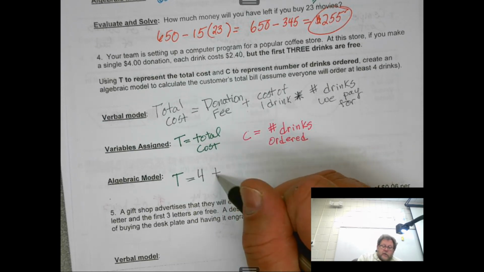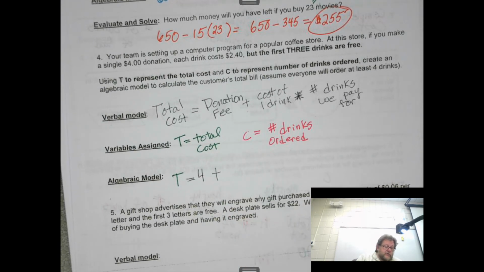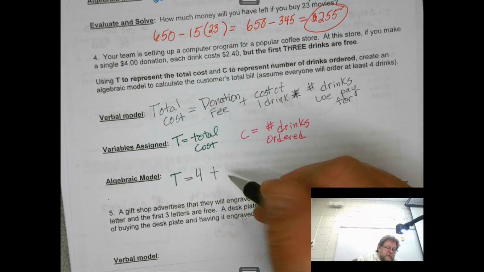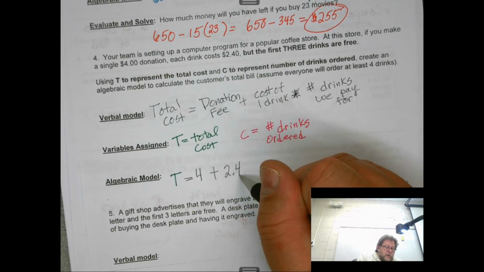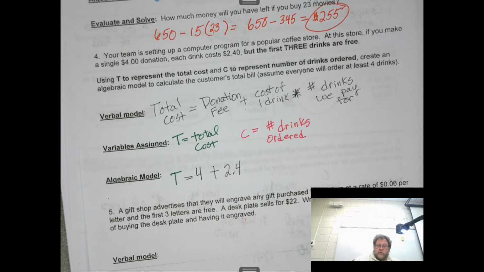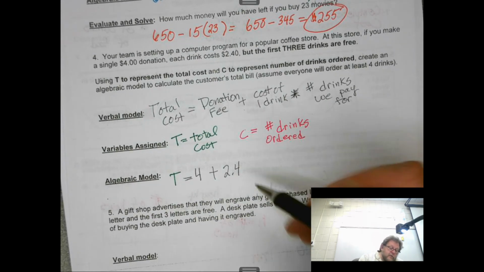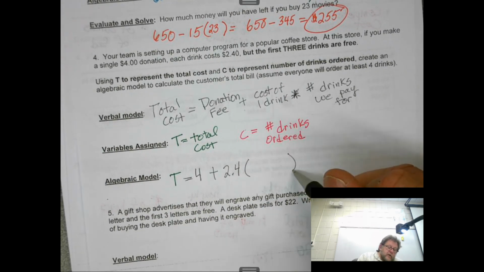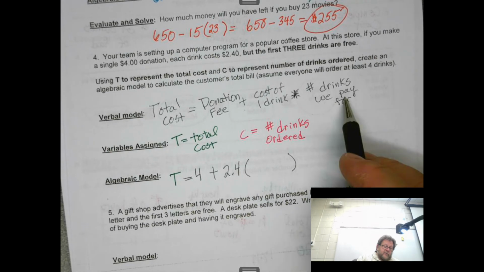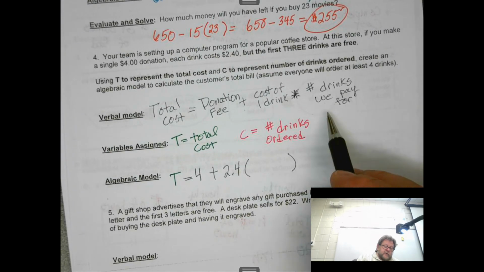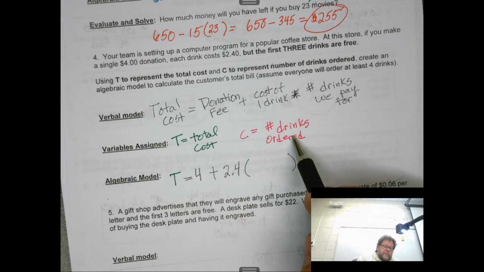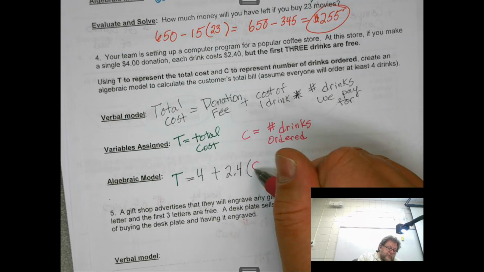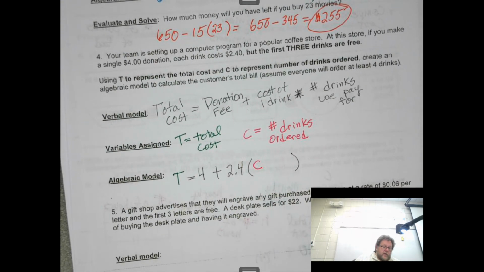Here's the number of drinks ordered. Suppose I order four. We're going to have to subtract from that those three drinks that are free. The number of drinks ordered, it says at least four, so we have to pay at least one. So the number of drinks ordered, minus the first three drinks. So there's our algebraic model.